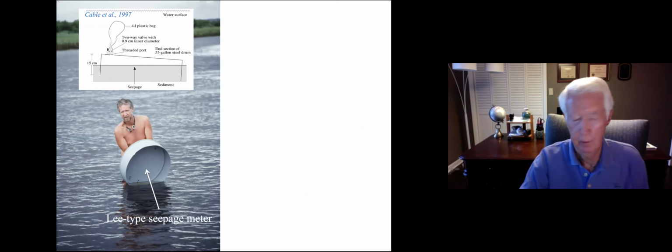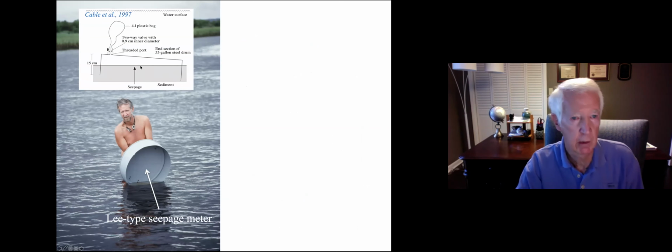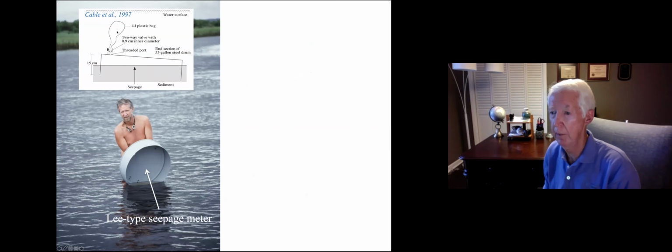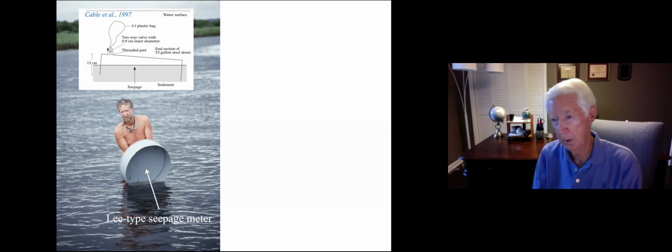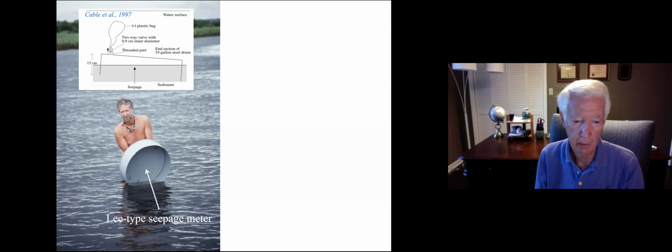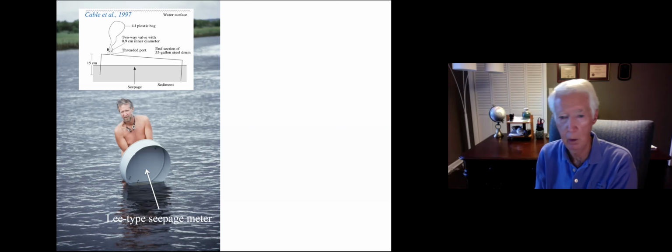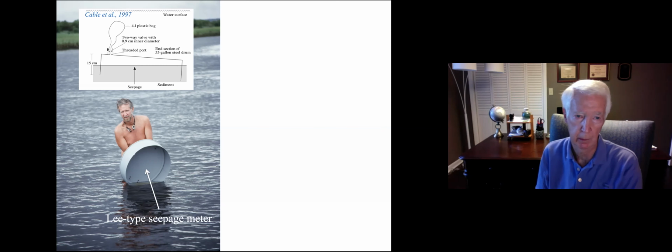So if you have any seepage through the sand, it'll displace that much water that's in the chamber. It'll come up and be added to the bag. So you do a timed deployment, take the bag off, measure the change in volume, and you know the area of the seepage meter, so you get a volumetric flow per unit area per unit time.